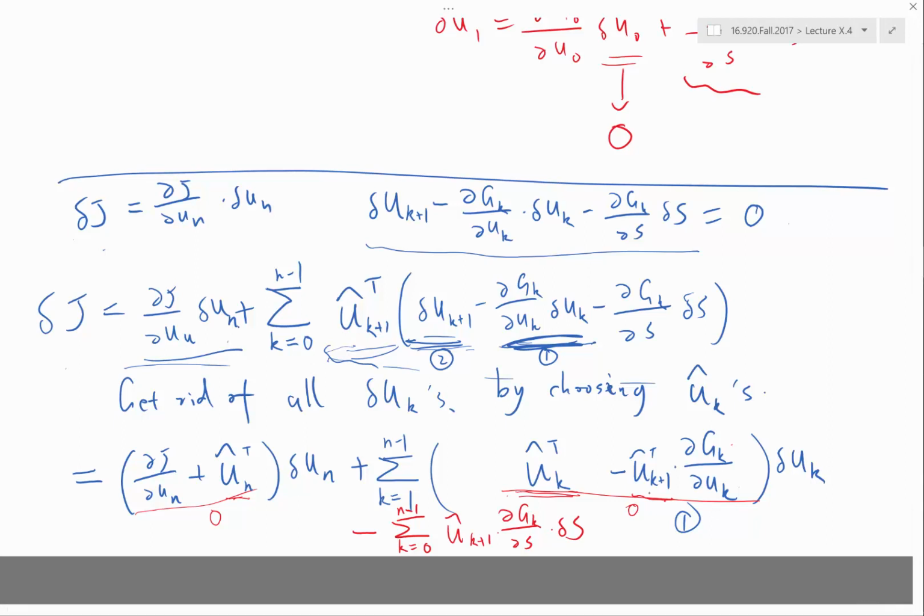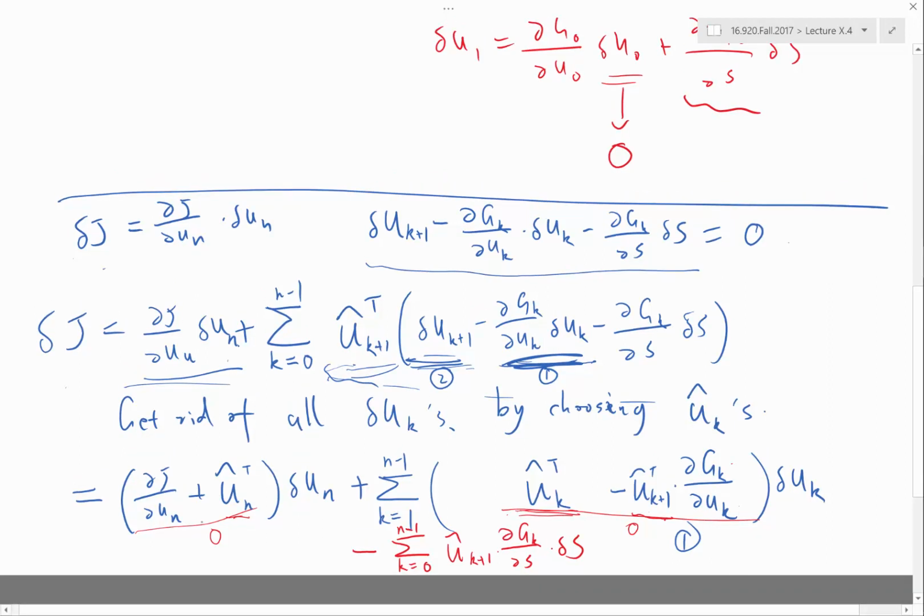Right? So let me write the adjoint equations. So the adjoint equations for this: first of all, I have û_N has to be equal to the minus transpose of this. This is called the terminal condition of my adjoint, because this is like the initial condition for my adjoint, but it happens at the end of this forward propagation, right?